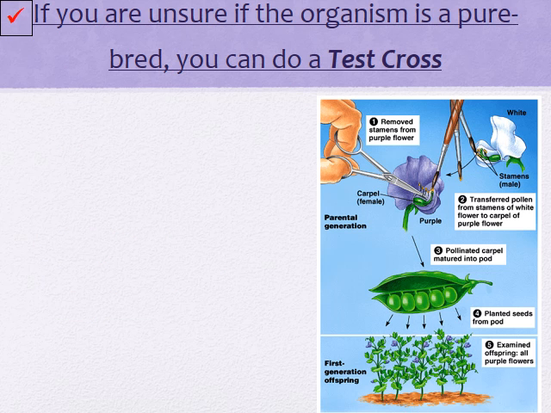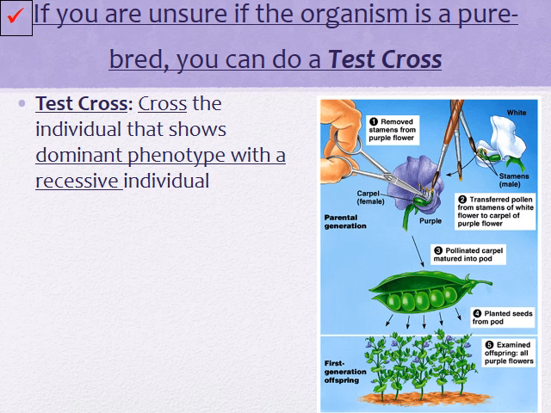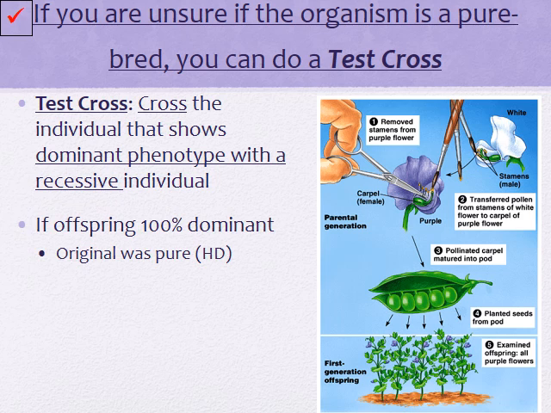So if you're unsure if the organism is a pure breed, what you can do is something called a test cross. A test cross is where you cross the dominant phenotype with a recessive individual. If you're unsure if the individual that shows your dominant phenotype is a purebred or a hybrid, you cross it with a purebred recessive.